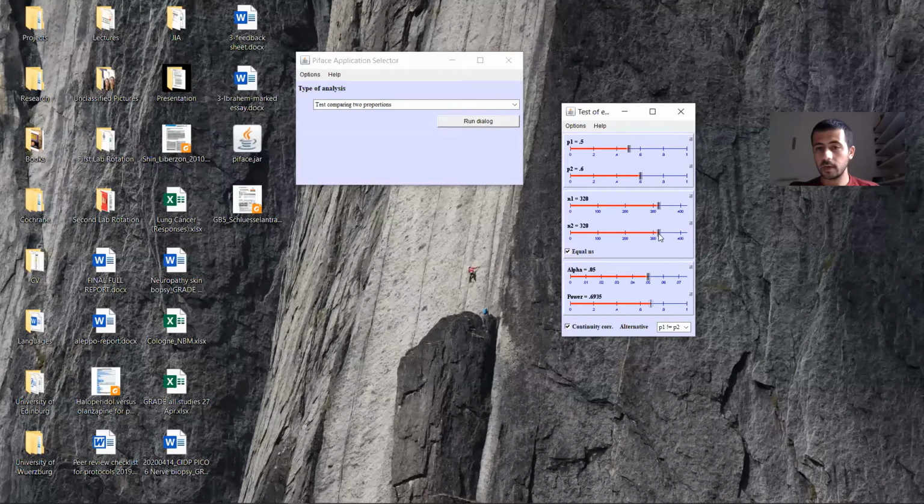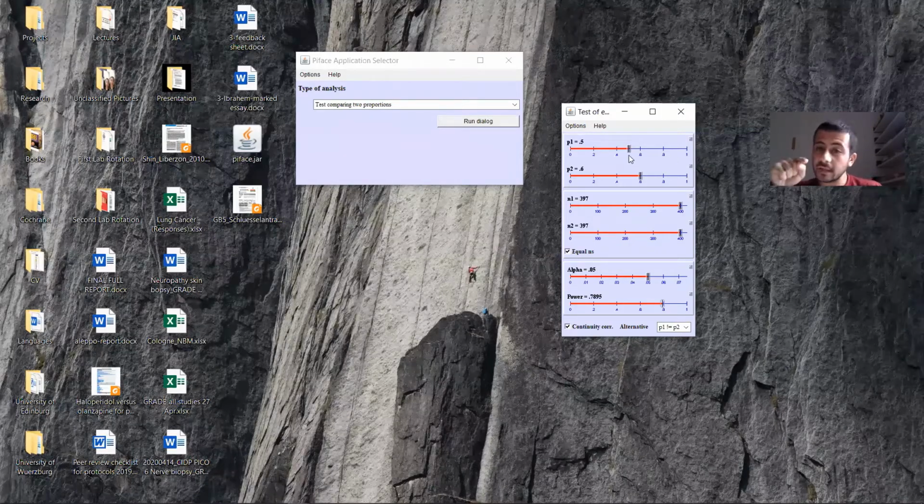Now I have like 400 in each group, so I will need to gather like 800 participants to get the power of 80%, or, which is not in my hand, the proportion would be there will be more difference.